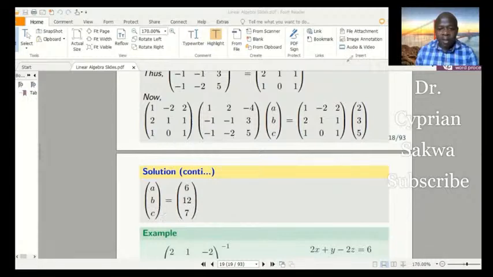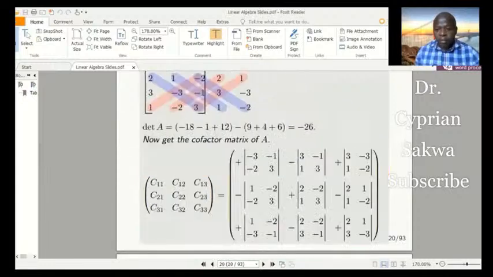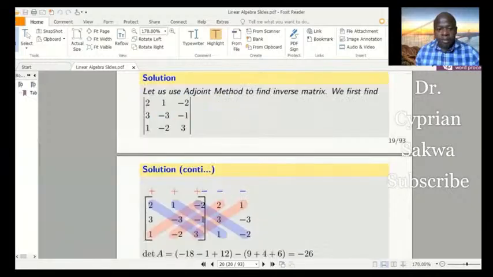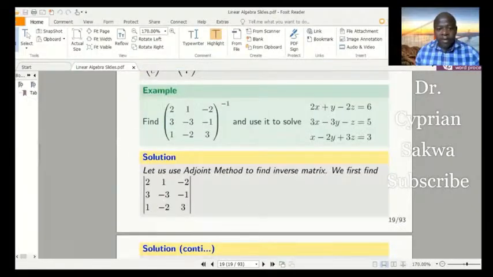I want us to take one more example so that we become familiar with this type of work. What is the question? The next example is: find this inverse and use it to solve this system.